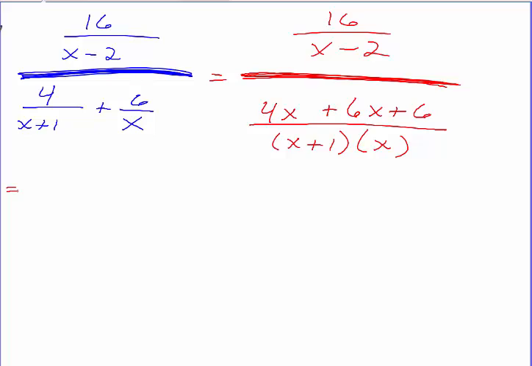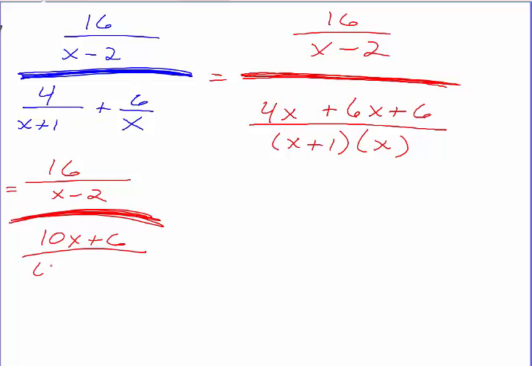You can do it otherwise, but you'll wind up factoring it back to where it was in the next step, and I don't like doing the same work twice. Combine what you can on top. You get 10x plus 6 all over x plus 1 times x.